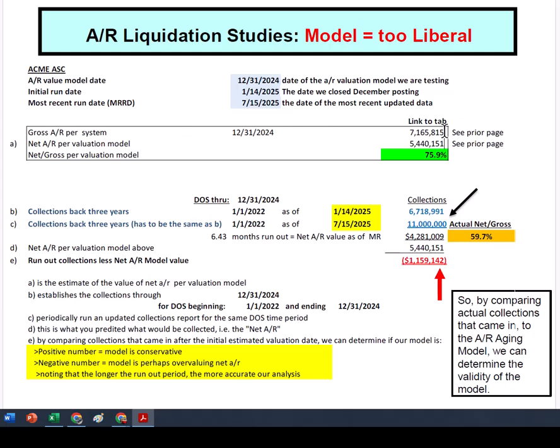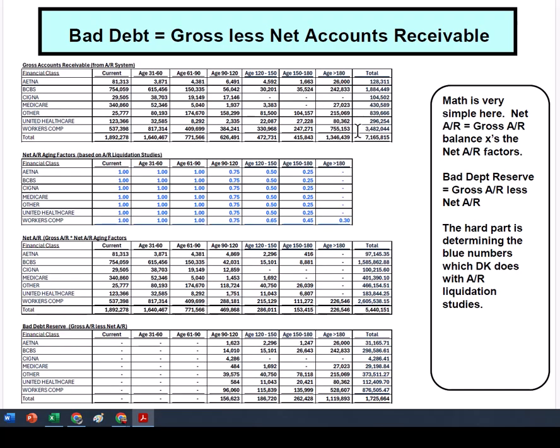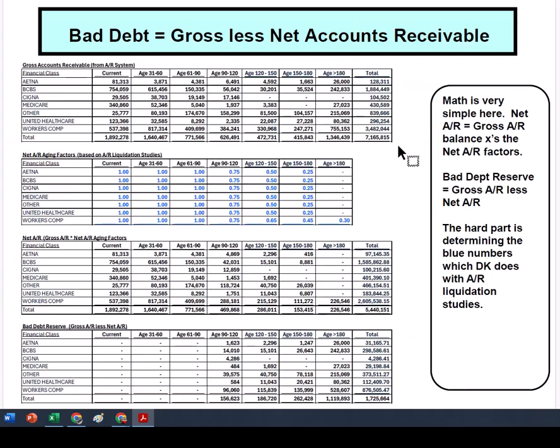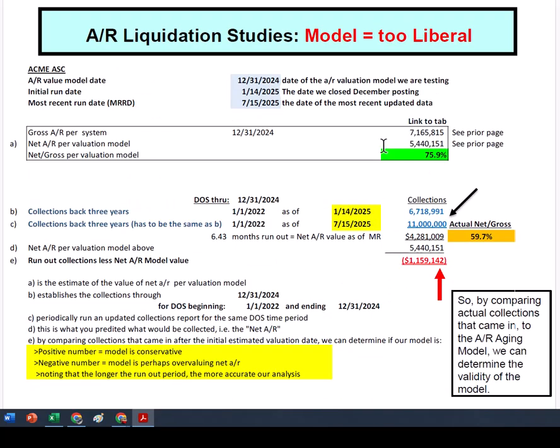So my gross AR is the 7.1. This is an actual spreadsheet I use. The data is illustrative, it's not actual. Per my model it's 5.4. There's my 5.4 there. Okay, so my net to gross is 75.9%.